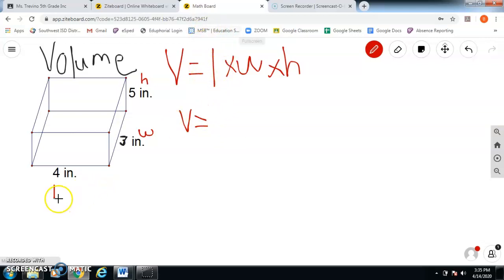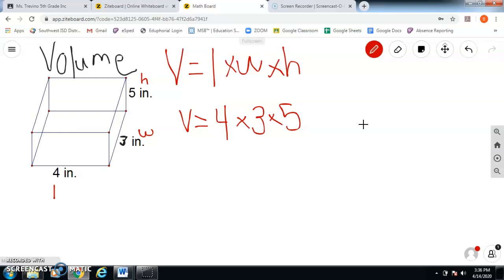Well, we labeled over here that our length was 4, right? Then over here, we labeled that our width was 3. And then we labeled that our height was 5, right? Okay, so now our next step is to work it out.